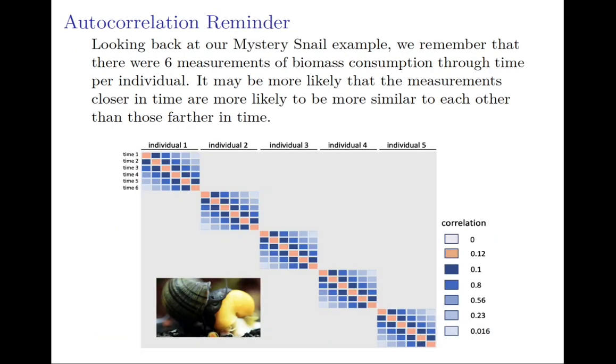So I want to not jump in too quickly and take you back to our autocorrelation reminder. Looking back at our mystery snail example, we remember that there were 6 measurements of biomass consumption through time by snails per individual, and we decided that it may be more likely that measurements closer in time are more likely to be more similar to each other than those farther in time.